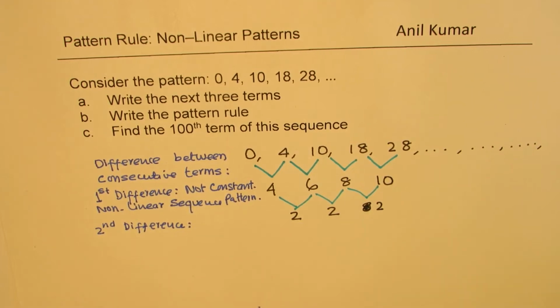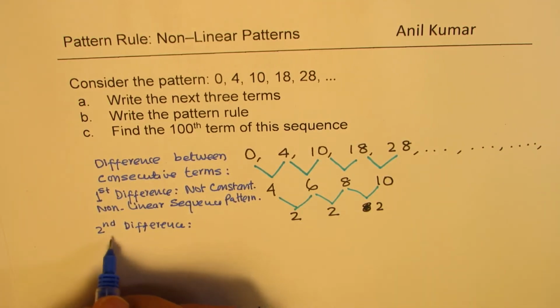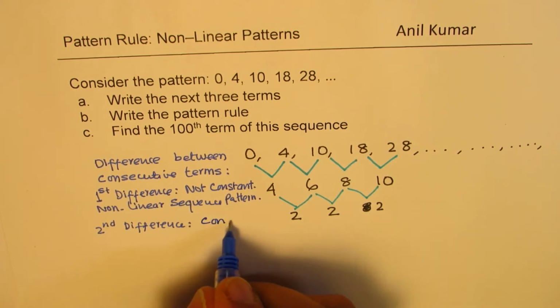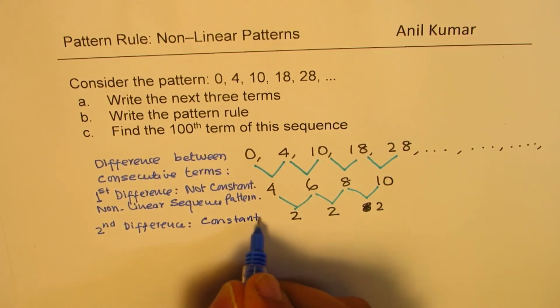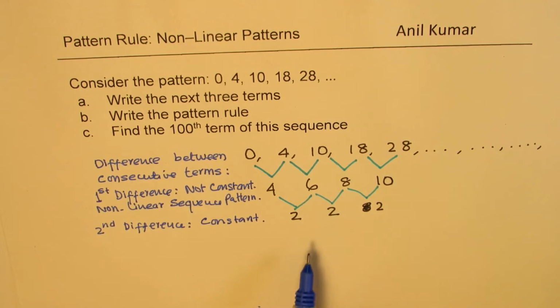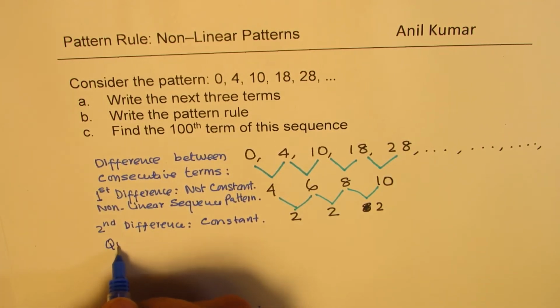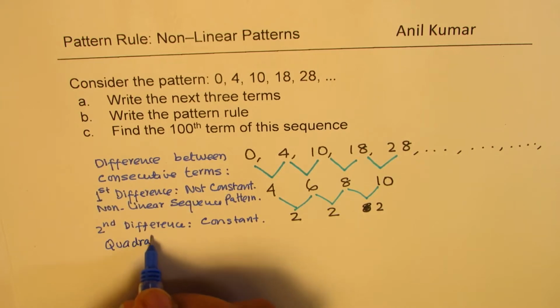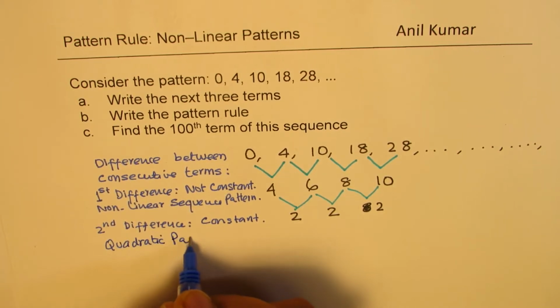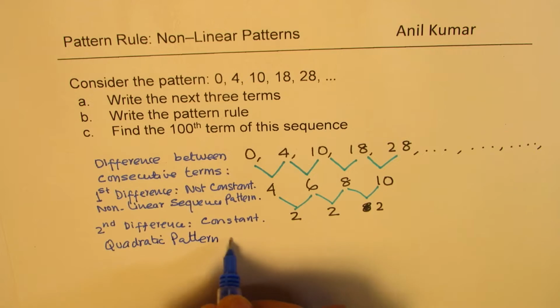So we notice that it is constant. So the second difference is constant. When the second difference is constant, we know that it will be quadratic in nature. So we can write this as a quadratic pattern rule.